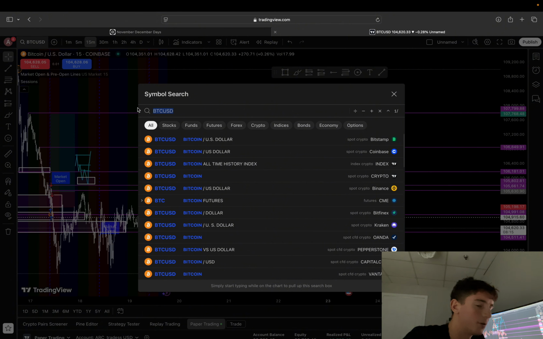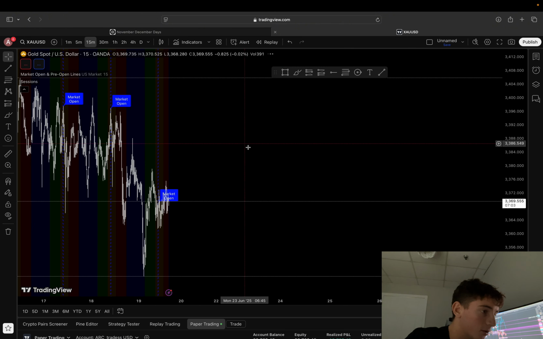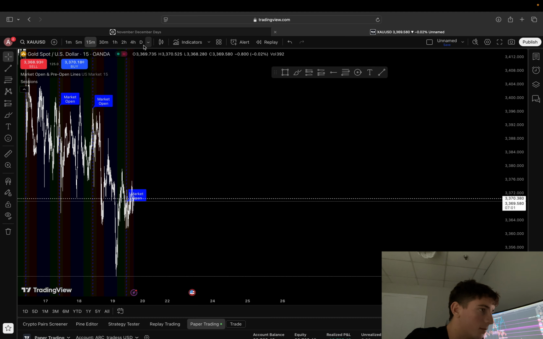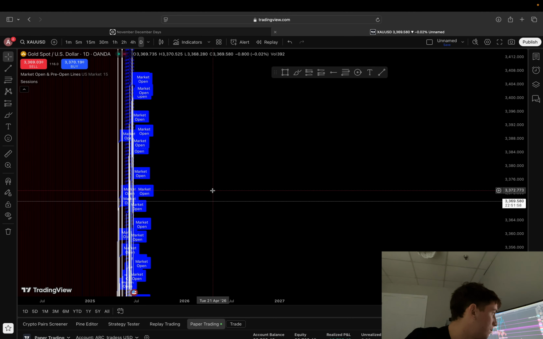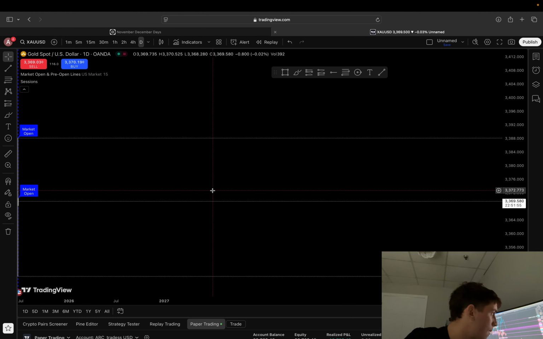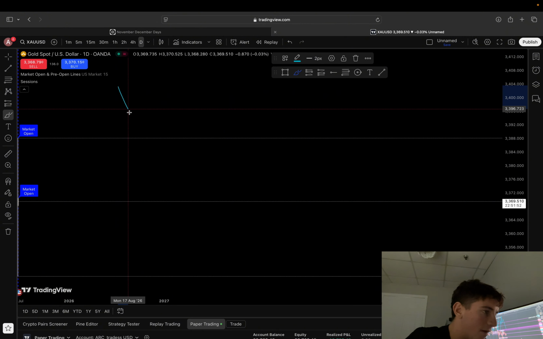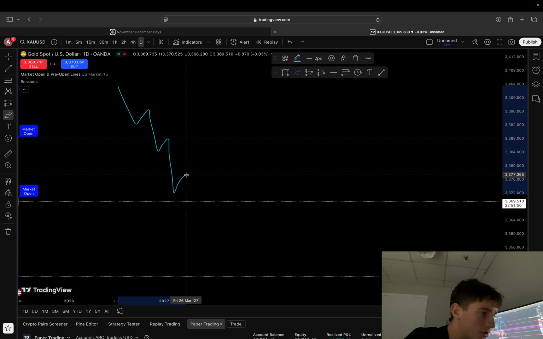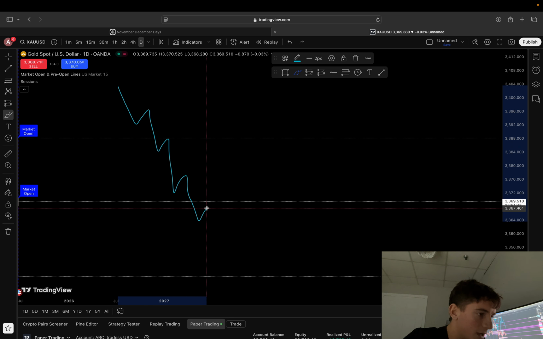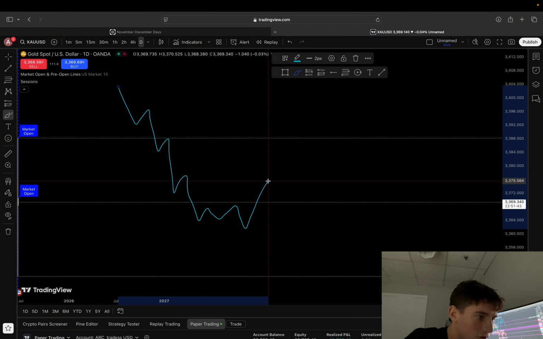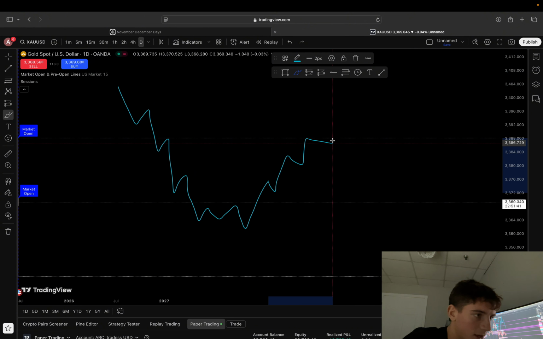Yeah. All right, I'm gonna switch to something I've never traded. Let's go to gold. All right, so let's say we're having a lower lows, lower highs trend right here, and then we get a break like this. Then we get a single push down and then break of structure up, starting a higher highs, higher lows trend.